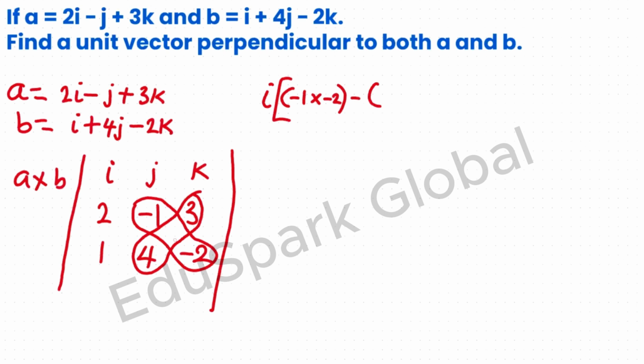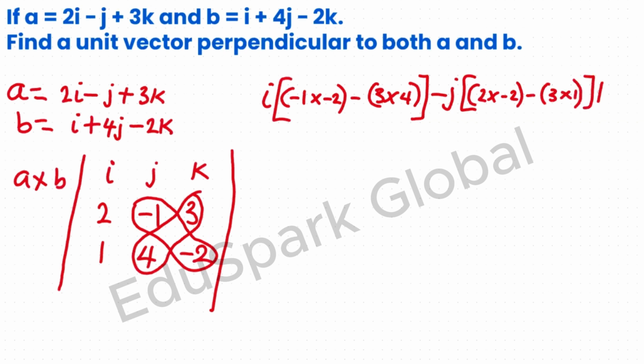Then we go for the minus j. Since we are dealing with j, we avoid the values under j, which are -1 and 4, so we use 2 and -2, and also 3 and 1: 2 multiplied by -2 minus 3 multiplied by 1.